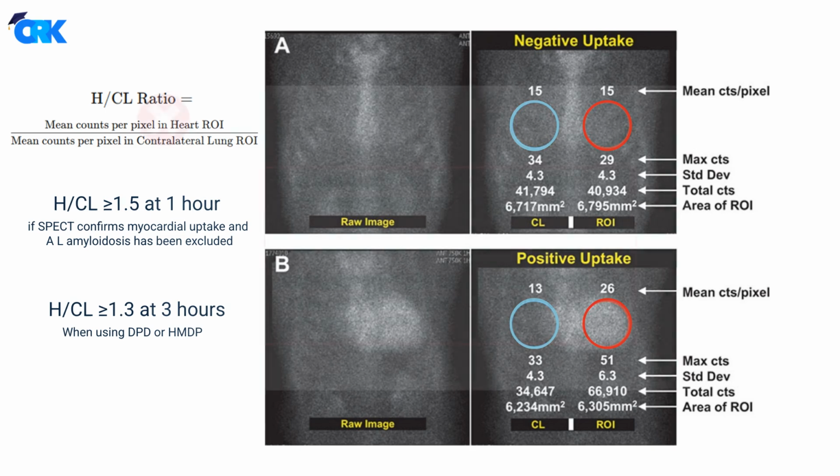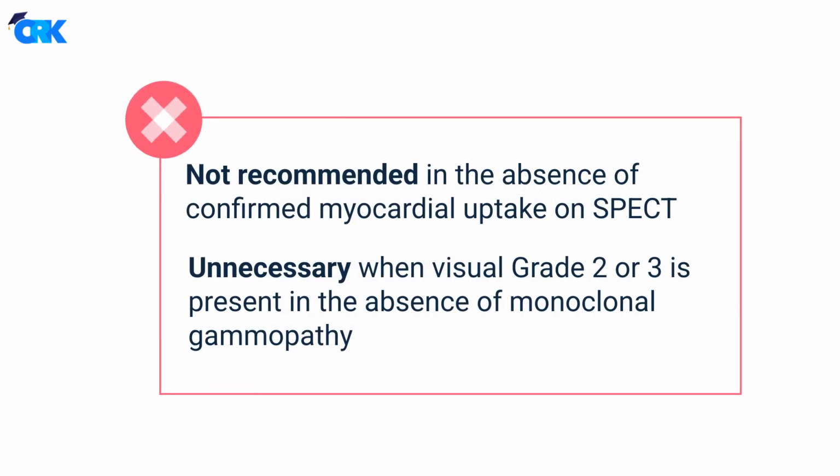It's important to emphasize that HCL quantification should not be used when myocardial uptake is not confirmed on SPECT. And when visual grading already indicates grade 2 or 3 uptake, this quantitative step is often unnecessary, provided monoclonal gammopathy has been ruled out.